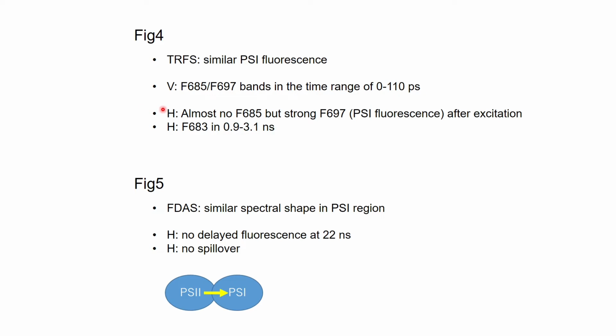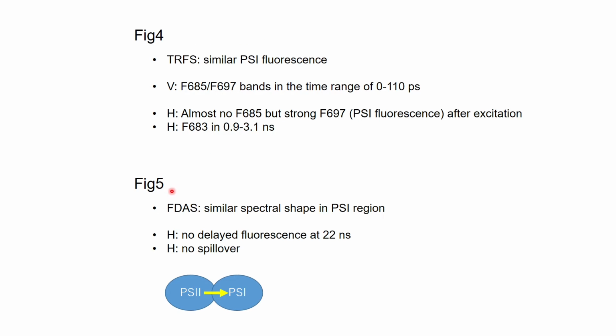However, the heterocyst thylakoid showed almost no F685, but a strong F697 originating from PS1 fluorescence just after excitation. And also the heterocyst thylakoid showed F683 in the time range of a few nanoseconds.